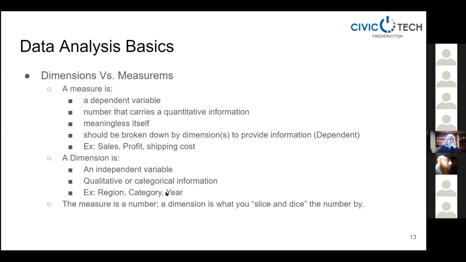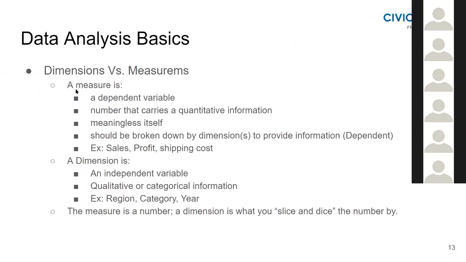Combining year with sales, we have sales per year. Combining category with profit, we have the profit of each category, and so on. This way, we have a piece of information. And this way, Tableau divides the columns of the data set into these two groups.